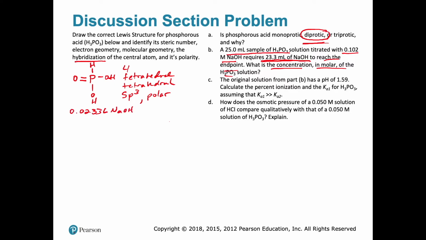Because remember, moles divided by liters is what molarity is, so that's why you have to make it liters, okay? And then you're going to convert that into moles by saying how many moles of the sodium hydroxide you had.